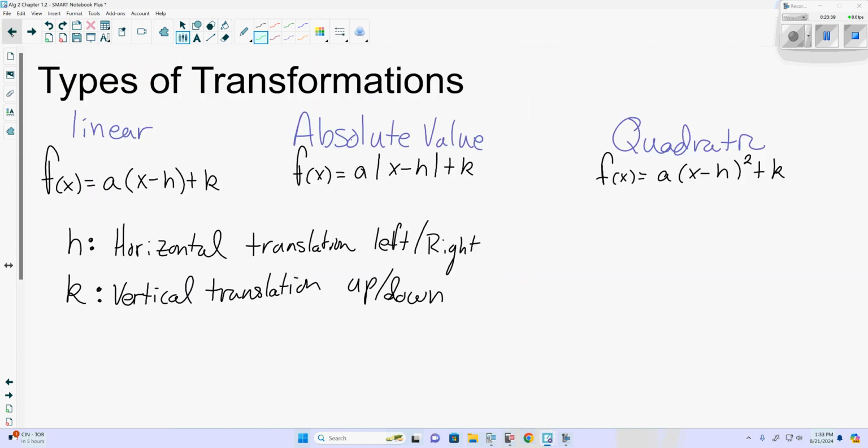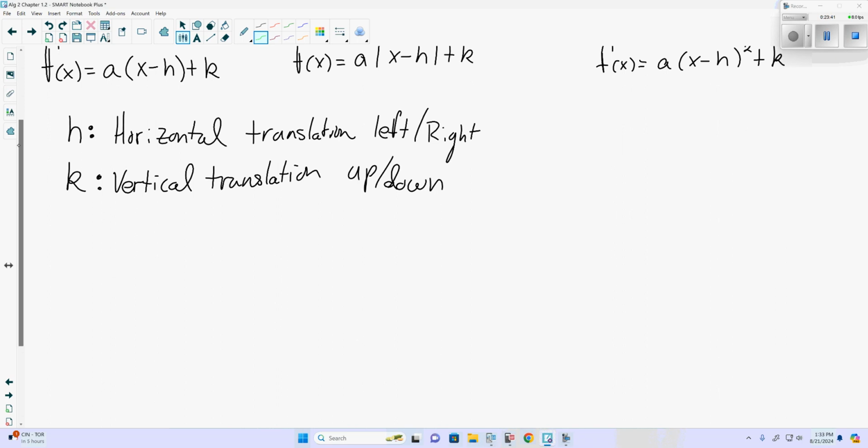Now, for us here, again, we're coming back to this first page. This is partially connected with A, okay? If it's a reflection across the x-axis, A is negative. That's it.